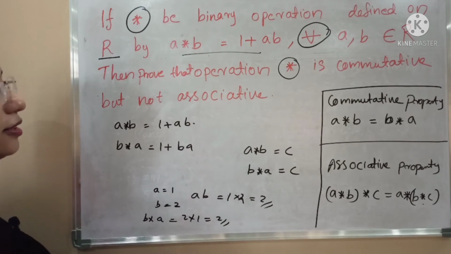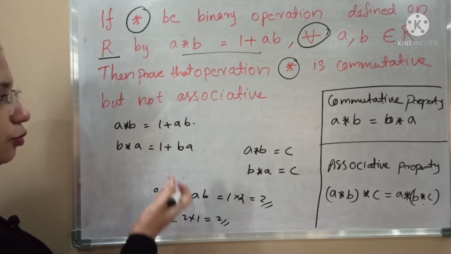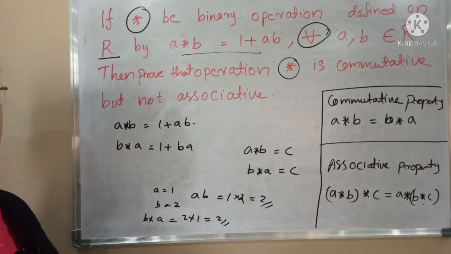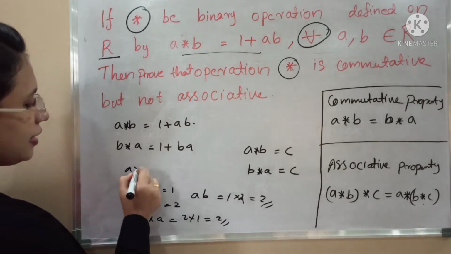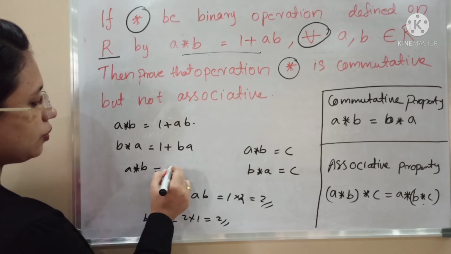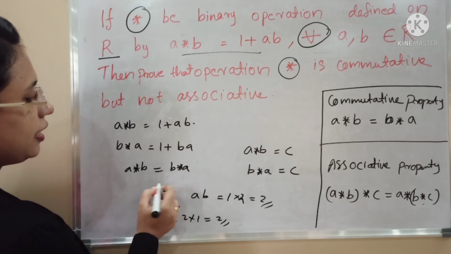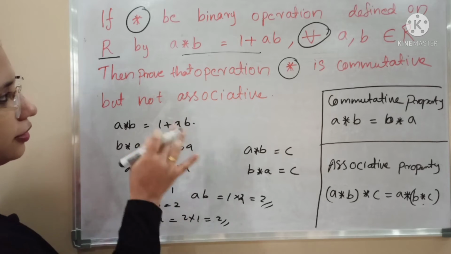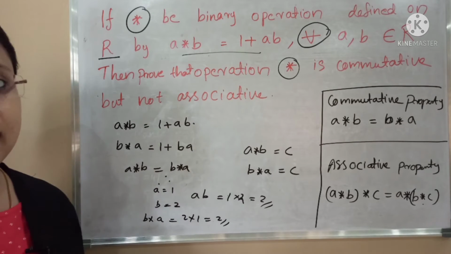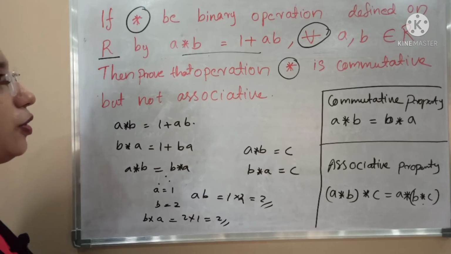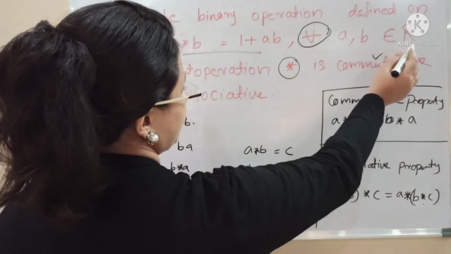So both the answers will be the same, right? So we can say a star b equals b star a. Therefore this relation obeys the commutative property. So this part is right.